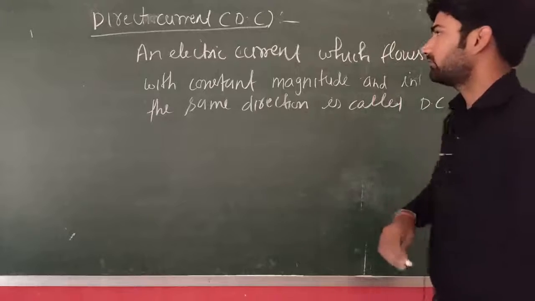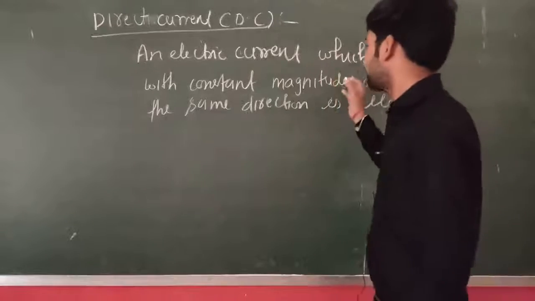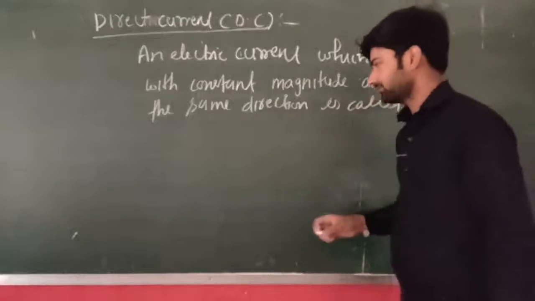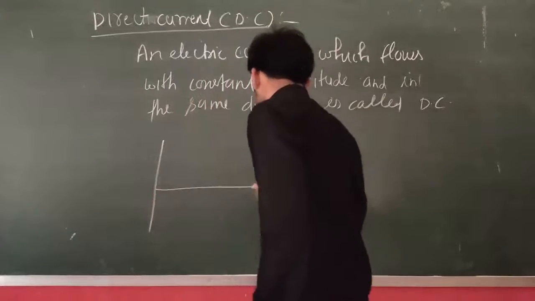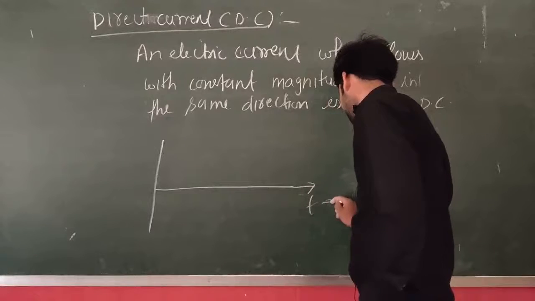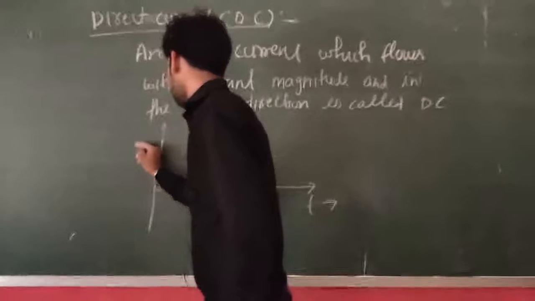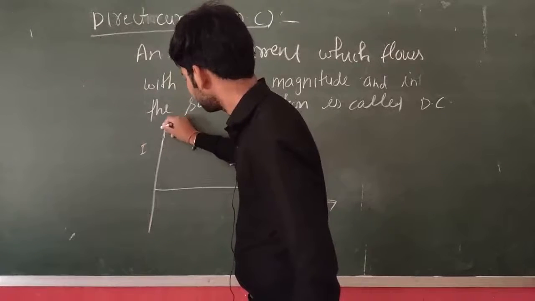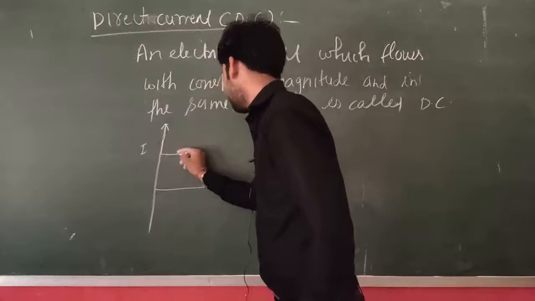This is the definition of direct current. It means an electric current which flows with constant magnitude and in the same direction is called DC. We can understand it by this graph. This is time axis and in this direction magnitude is given. So its graph will be like this.